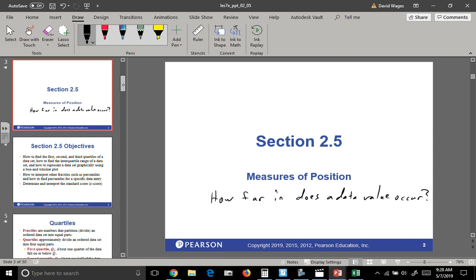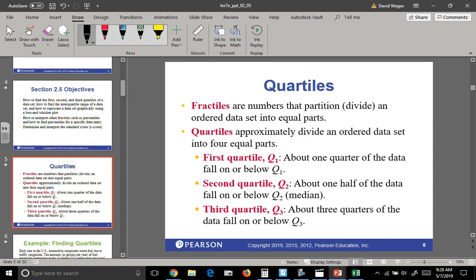When we talk about measures of position, quartiles and percentiles are commonly used terms. If you have a dollar that's 4 quarters, often we break things into different quartiles.